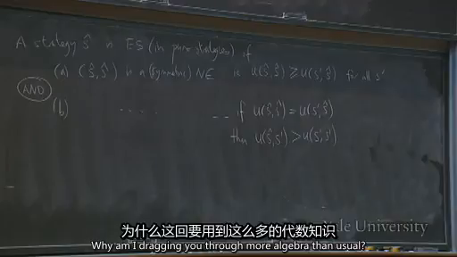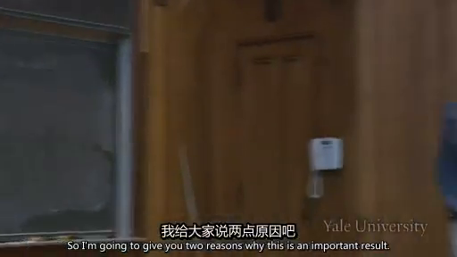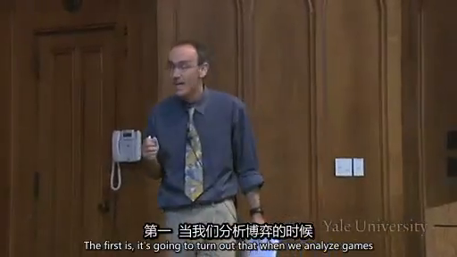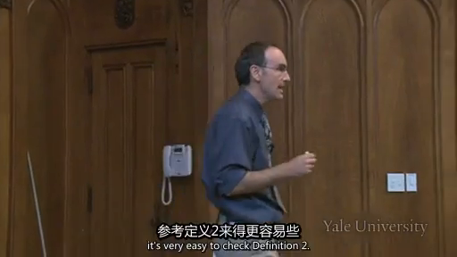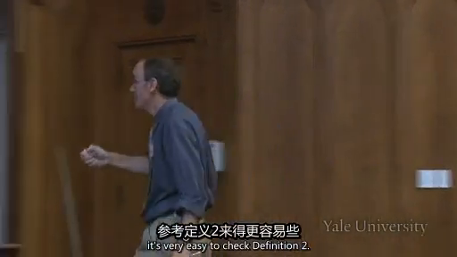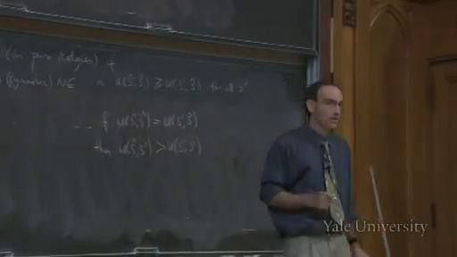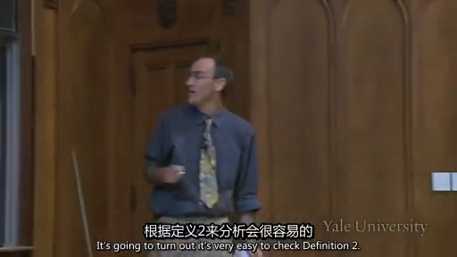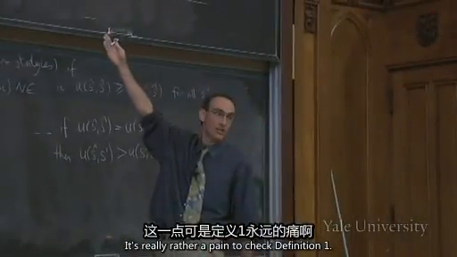Why am I dragging you through more algebra than usual? So I think there are two reasons why this is an important result. The first is it's going to turn out that when we analyze games, it's very easy to check definition 2. It's really rather a pain to check definition 1.